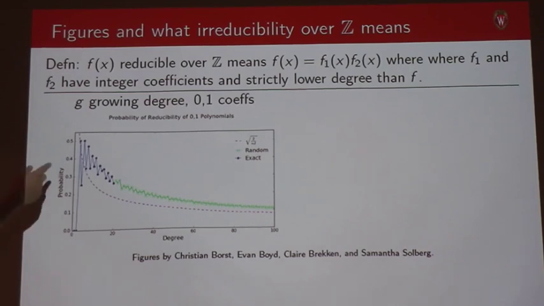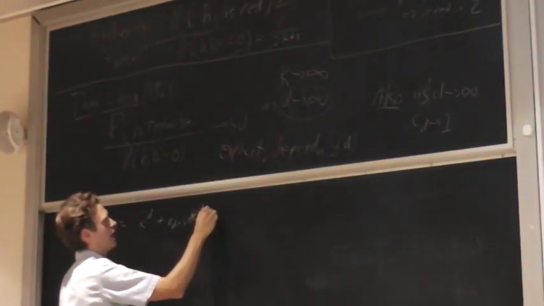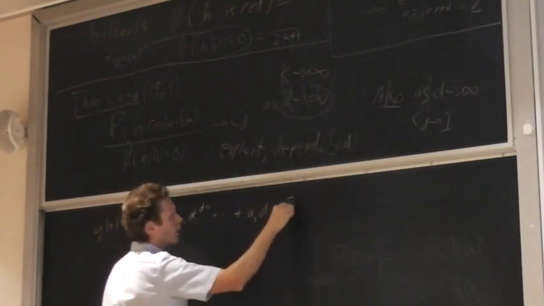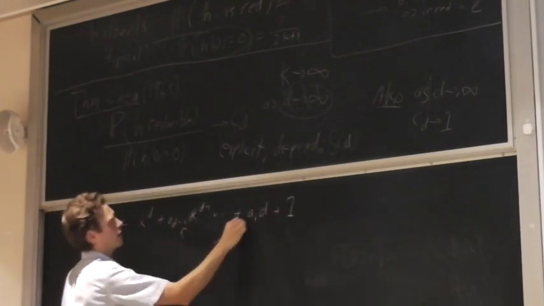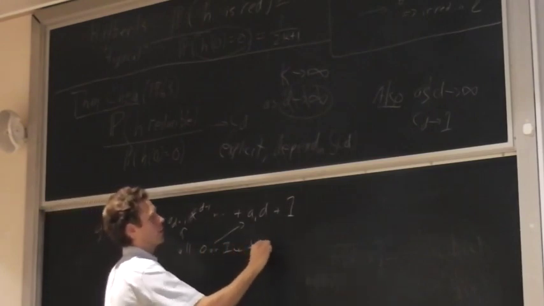They're looking at the kind of coefficients, polynomials from the Oblitsko-Punin conjecture, these G of X, where the degree is growing, and the coefficients a_i are all 0 or 1 with probability 1/2.